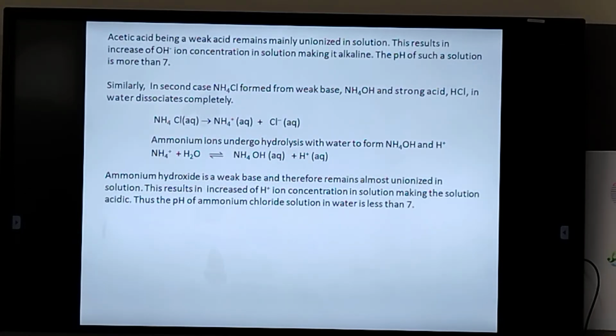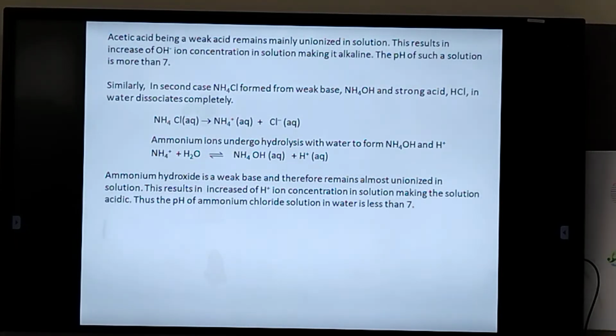Acetic acid being a weak acid remains mainly unionized in the solution. This results in the increase of OH negative ion concentration in solution, making it alkaline. The pH of such a solution is more than 7.